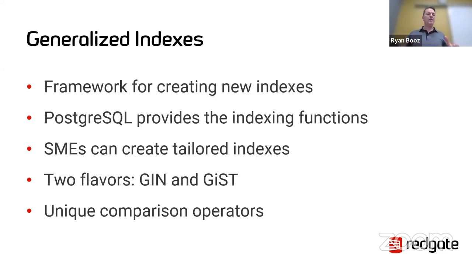And then the other really cool thing with these generalized indexes is that they do have, and I shouldn't have used the word unique here, I will have to change that for later, an expanded set of comparison operators. So it's not just greater than, less than, or equal, although it might support those, or it might not support those. You might not get equals in a GIN or GiST index, believe it or not.